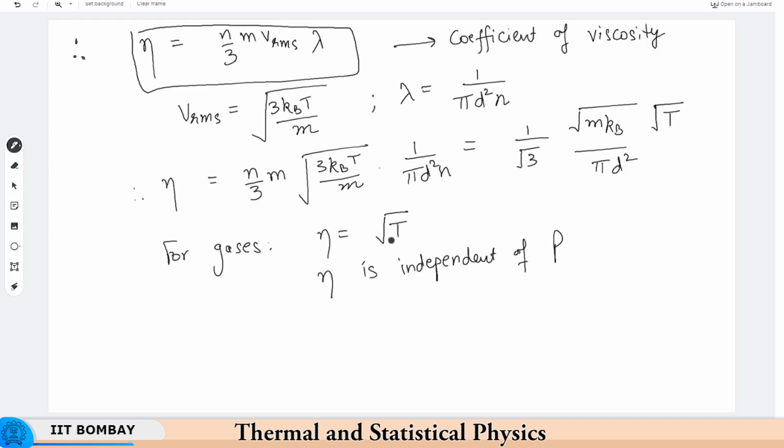Of course, there will be a breakdown if the pressure of the gas is very high, in which case the intermolecular distance can be very small, and intermolecular interactions can start playing a role. But if you are at reasonably low density and reasonable pressure values, then it turns out your viscosity indeed scales with T raised to the power 1 by 2.